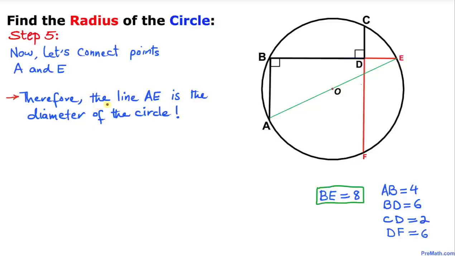So therefore we conclude that this line AE is the diameter of this circle.